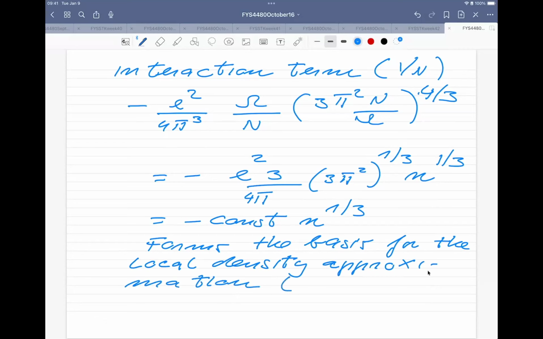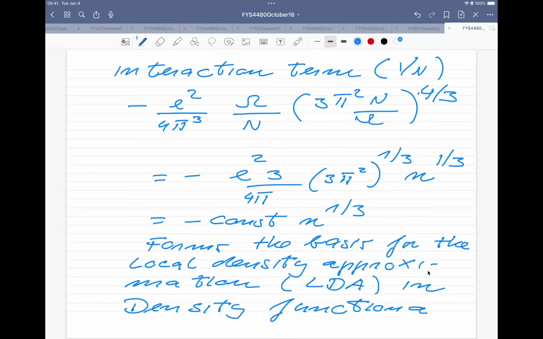So the local density approximation, this is called LDA in density functional theory, which we will just call DFT.